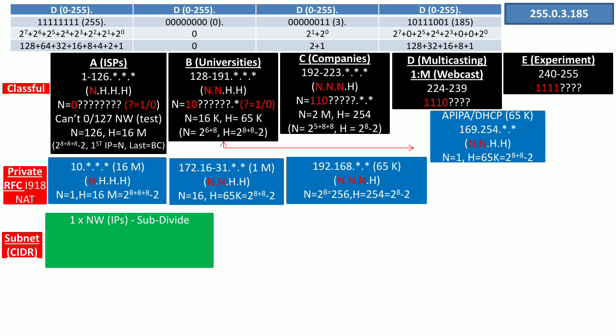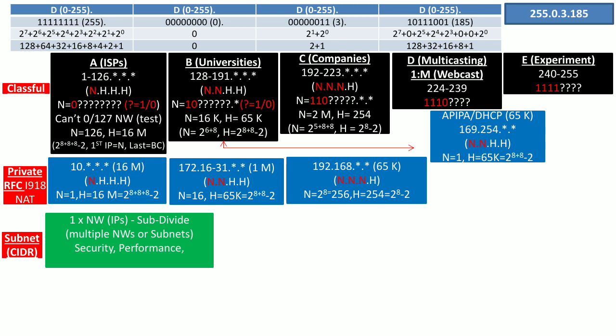So subnetting, or classless inter-domain routing, provides us a mechanism to subdivide our network. For example, if we are provided with a public IP address, we may subdivide this network into multiple networks as per our requirement.